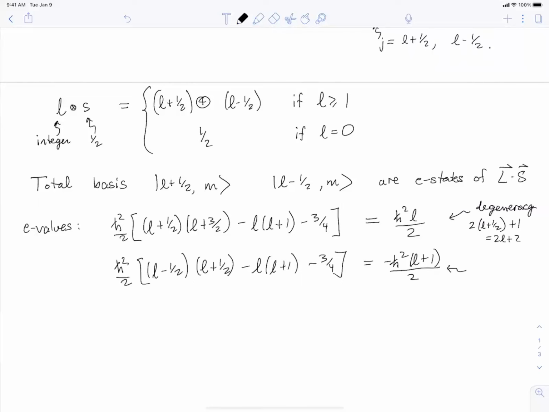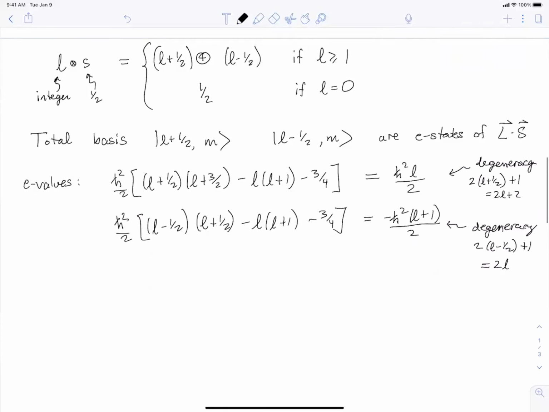And these ones have degeneracy 2 times (L minus 1/2) plus 1, which is 2L. Okay, and so the total number of states is equal to 4L plus 2 in this case.